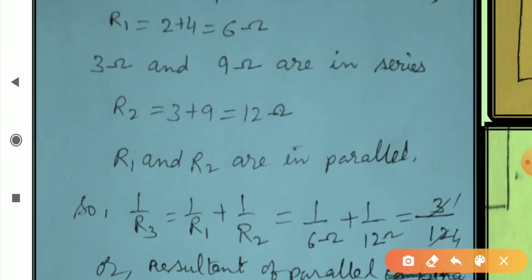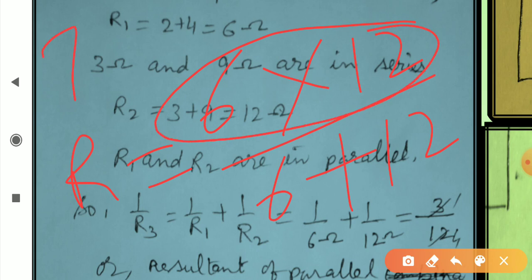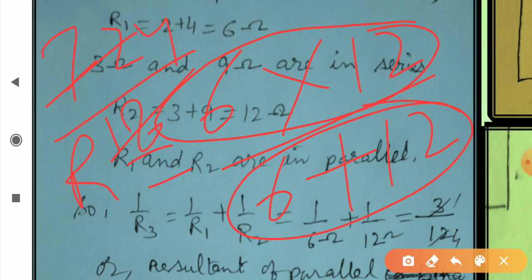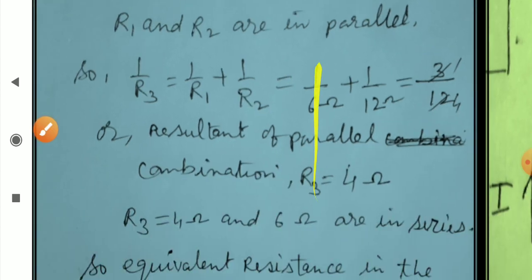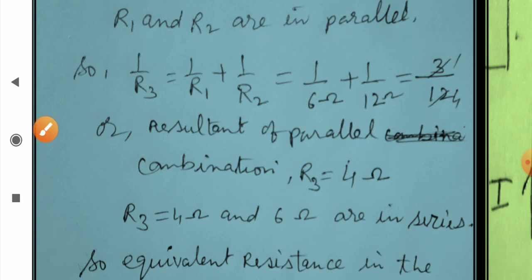So R was 6 into 12 upon 6 plus 12. Simplifying it, 12 sixes are 72, divided by 6 plus 12, that is 18, and 18 fours are 72. Okay, so if you remember this formula, you can reach the result without doing this. The work gets easier now.